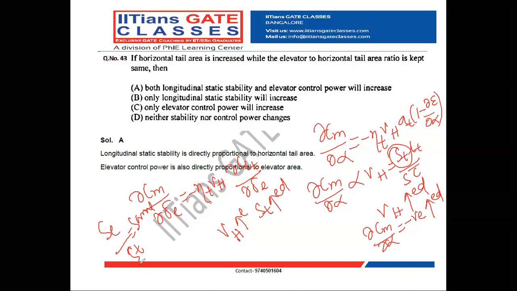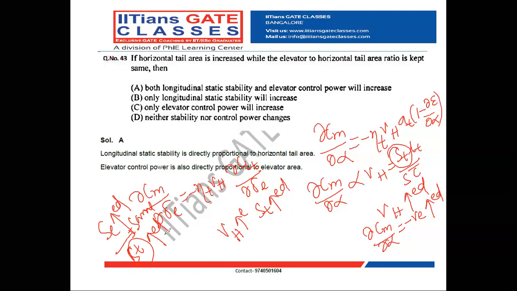When St value is increased, here Se is also increased by the same amount. Elevator area is also increased by the same amount. That is the condition here. But here the elevator power is directly proportional to V_H, and V_H is directly proportional to St. When St, the horizontal tail area, is increased, then elevator power is increased.